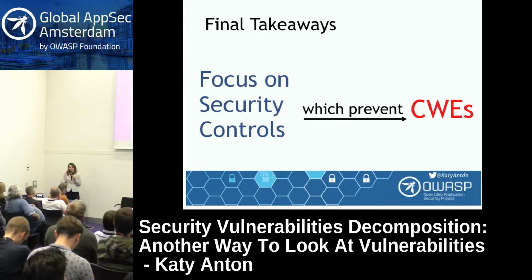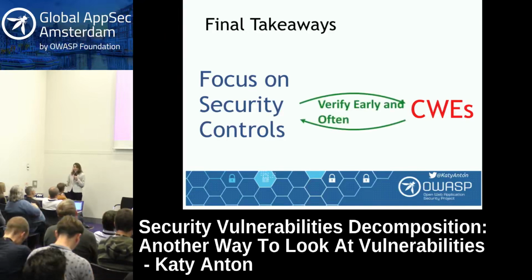Also, we need to verify not only that they have been put in place, but that they have been put in place in a correct manner to be effective in preventing the software security weaknesses.